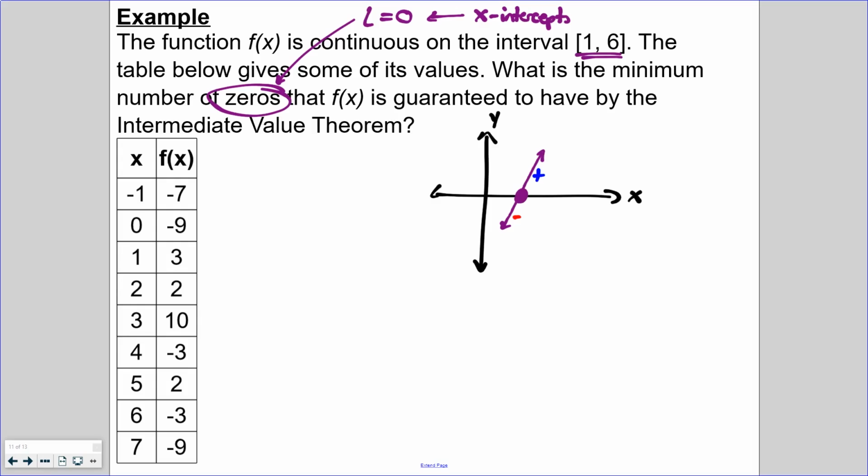Well, if we look at another x-intercept, we can also have the case where we go down through the x-intercept, and in this case our y values are positive before the x-intercept and negative after. So from here we can conclude that zeros exist whenever our y values change sign.